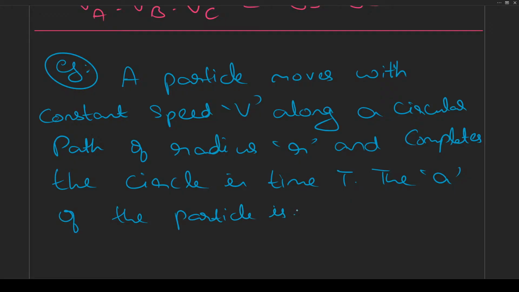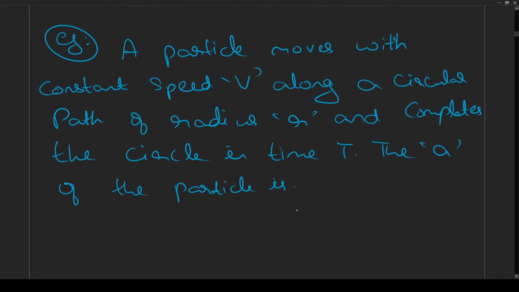Okay, they're saying a particle moves with constant speed along a circular path. The particle is moving in a circular path with speed v and the radius of the circle is r. It completes the circle in time t. Then the acceleration of the particle.